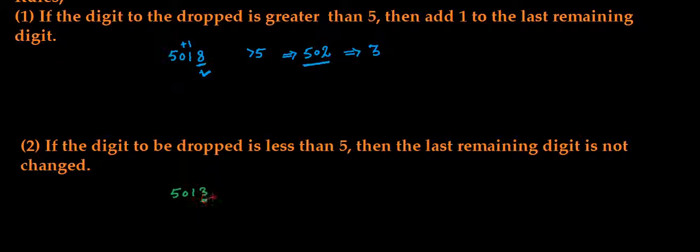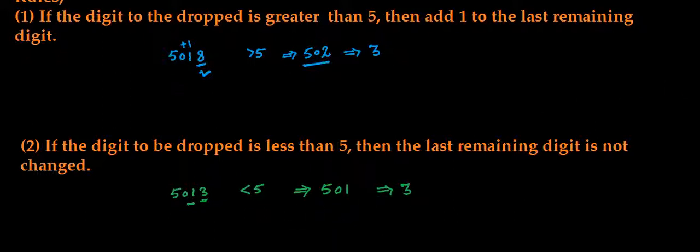This 3 is less than 5. So according to rule number two, the last remaining digit is left unchanged. The value comes to 501, and the significant figure count for this is 3.